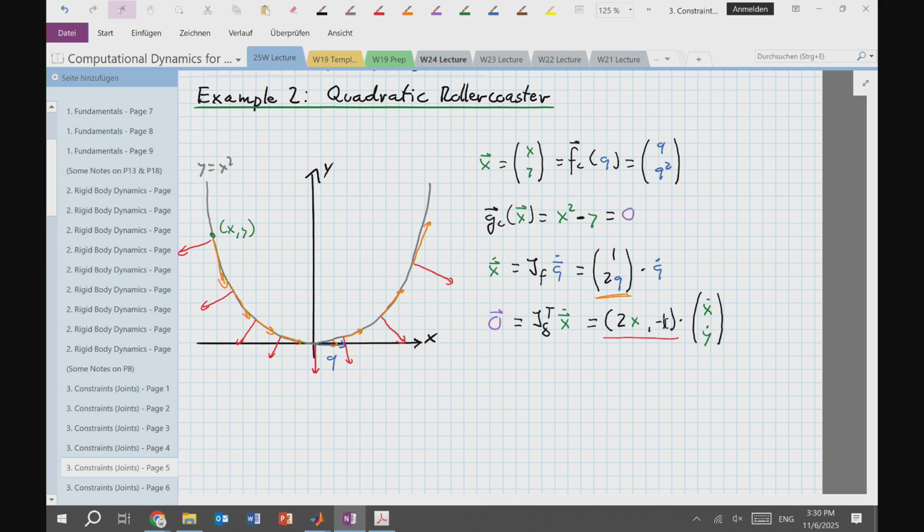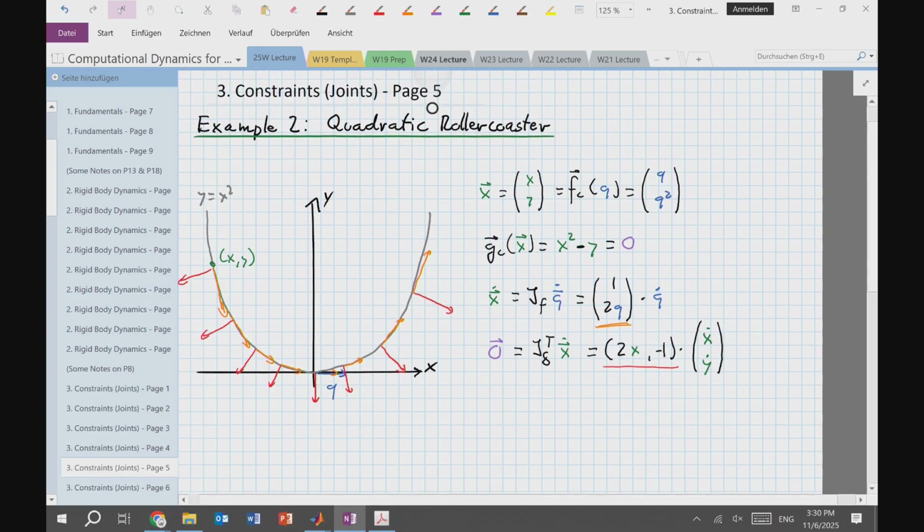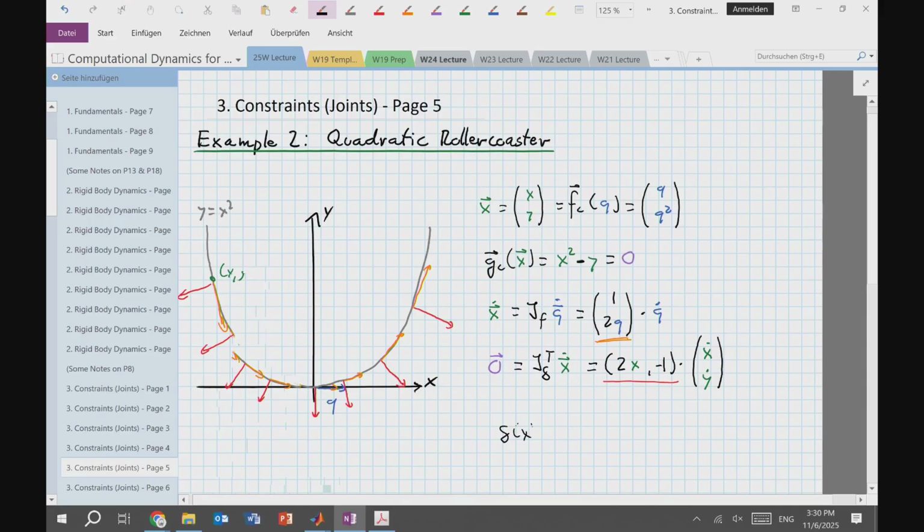Does the magnitude of JG transpose have a meaning? Not really, because it evaluates to 0, right? If JG transposed times x dot equals 0, I could multiply by any matrix B, and you're going to get B times 0 on the other side.